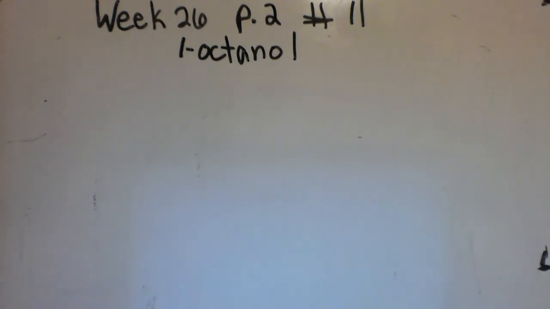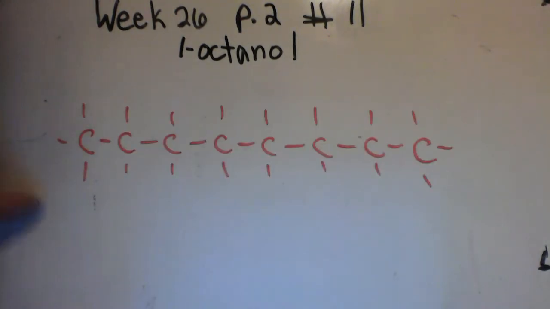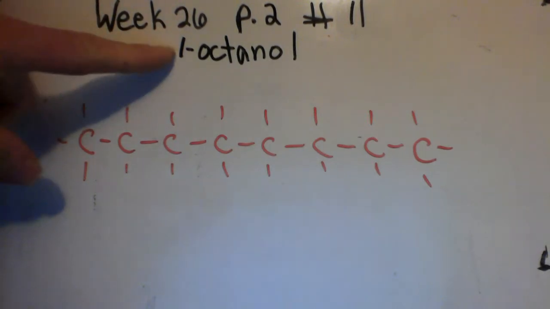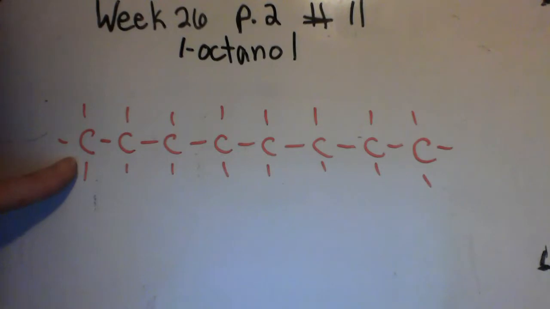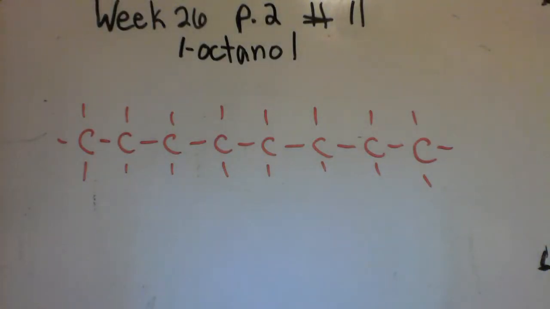So let's draw that chain. I showed that each carbon has 4 bonds available by making 4 little lines around each one. Now, an alcohol has a hydroxyl group, and this one has it at the first carbon, so I could put it either at this carbon on this end or this carbon on this end.